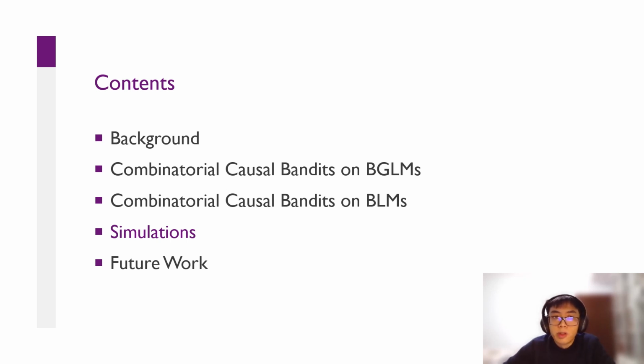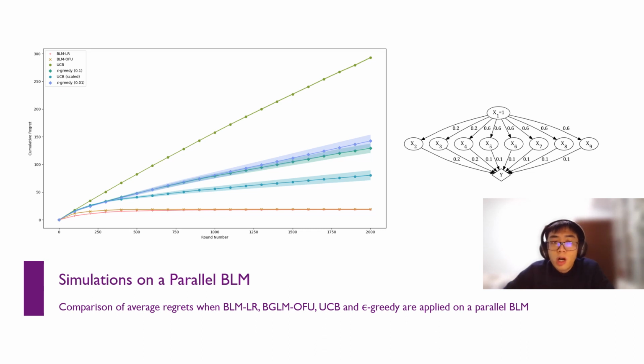We also run several simulations. We run a simulation on a parallel BLM. You can see that the BGLM-LR algorithm based on linear regression gets the best regret. Both the BGLM-LR algorithm and the BGLM-OFU algorithm get better regret than traditional bandit algorithms.